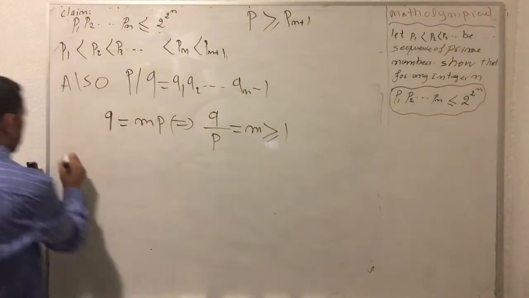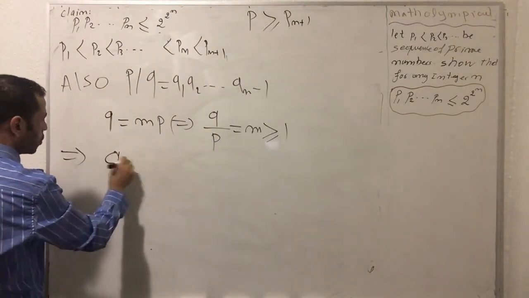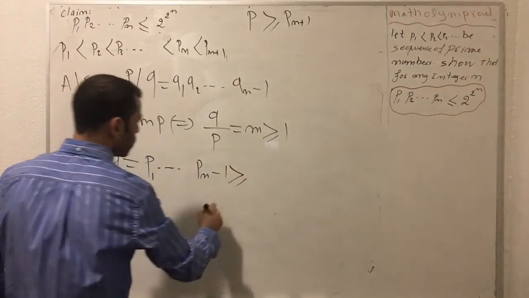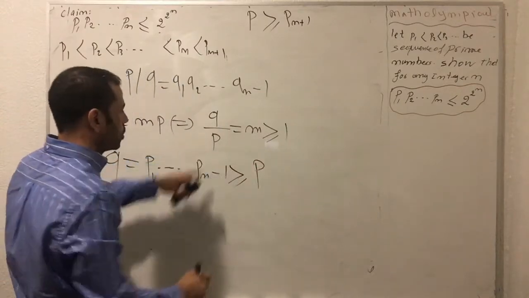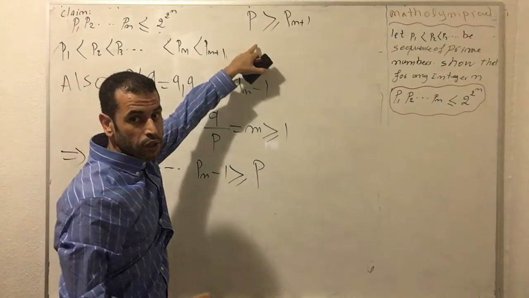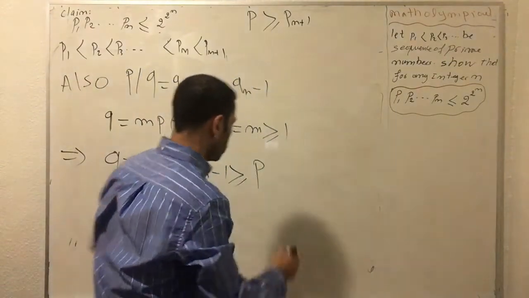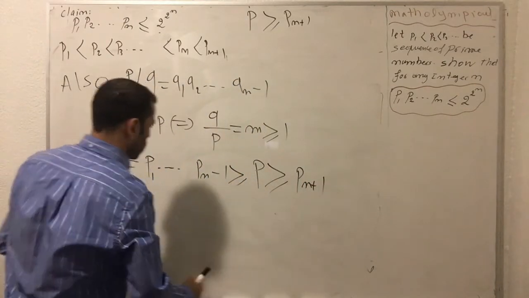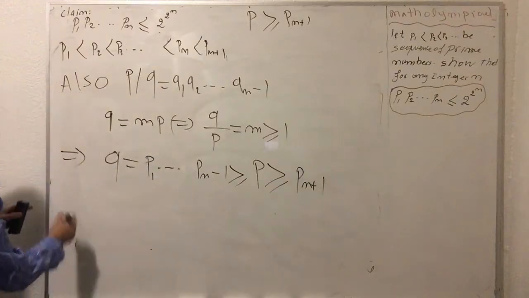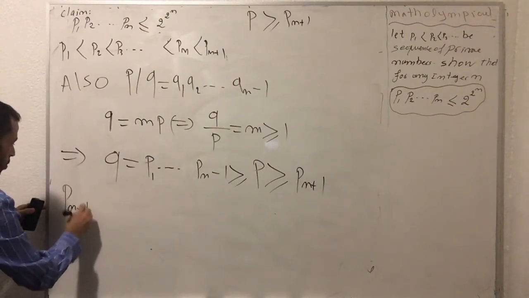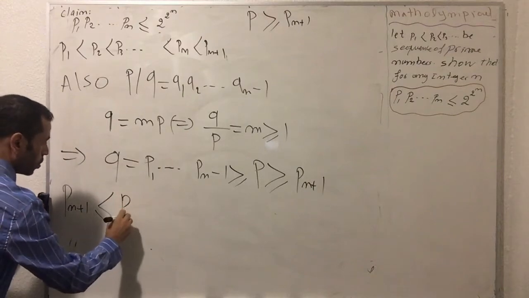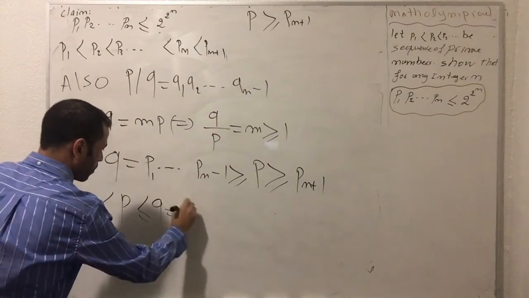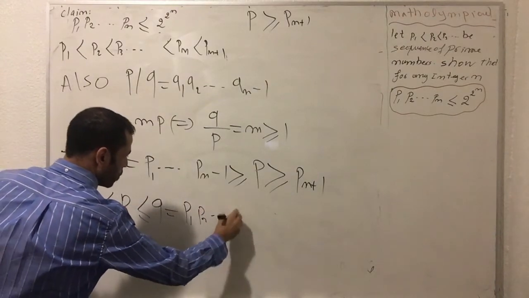This means Q is greater than or equal to P, and also we found P is greater than or equal to Pn plus 1. I'm going to flip this inequality, so Pn plus 1 is less than or equal to P, less than or equal to Q. Q, as you know, is P1, P2 through Pn, plus 1.